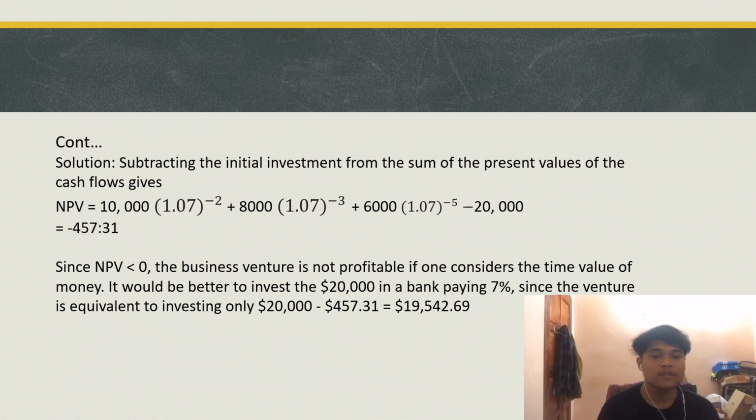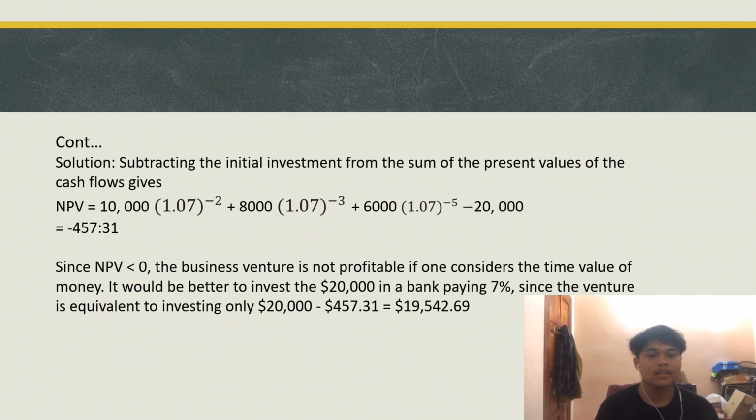The first thing, we're going to put the original formula for the present value, which is S times (1 plus i) to the power of negative n.